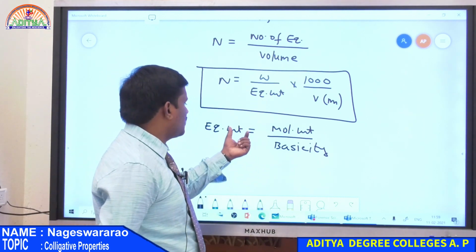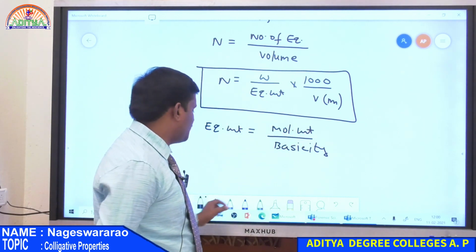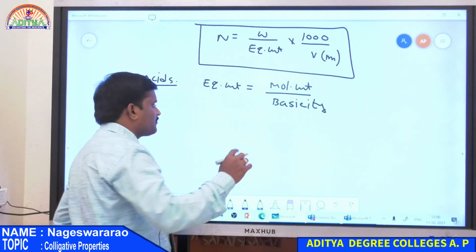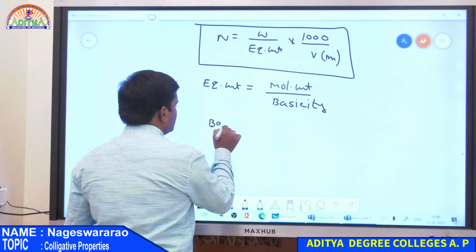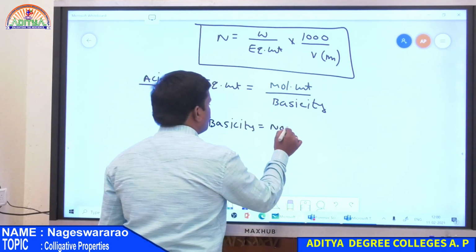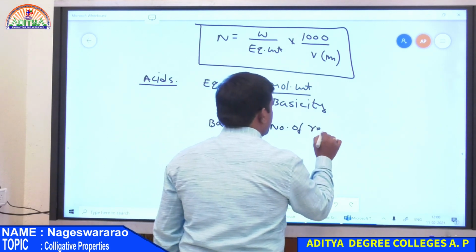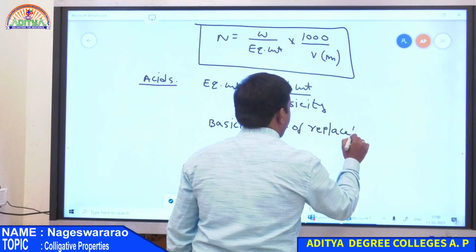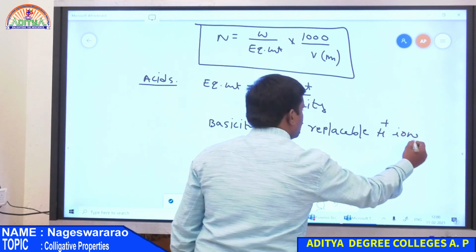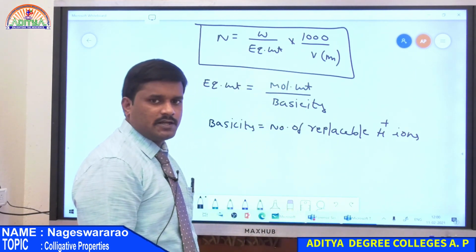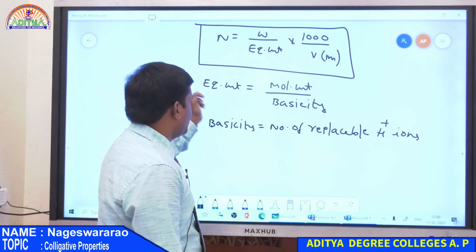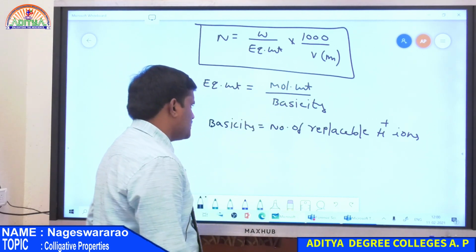Also, what is basicity? Basicity is nothing but the number of replaceable H plus ions. So equivalent weight for an acid is equal to molecular weight by basicity.